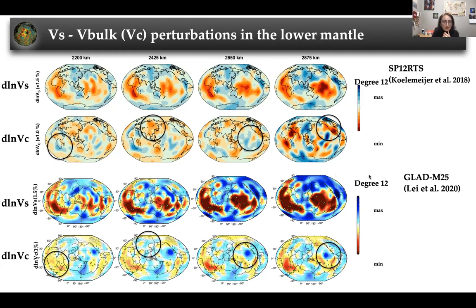However, it's not that straightforward, because we don't see a good correlation in the bulk sound speed models of the normal mode model and GLAD M25. You can see the discrepancies highlighted with these circles.